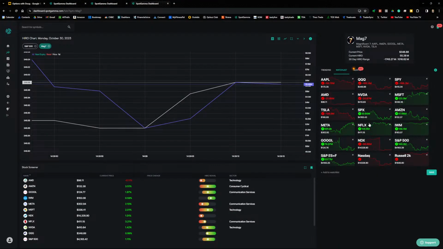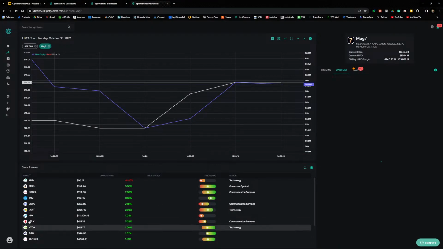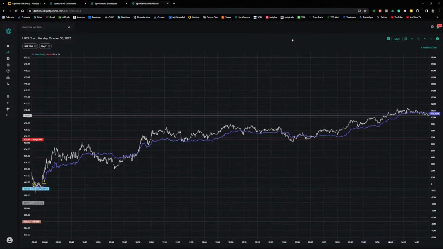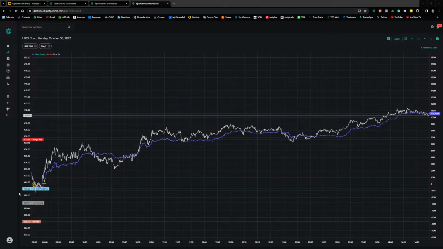Let's go to Netflix. Very bullish day in Netflix. The 400 key gamma strike acting as support this morning. Sorry, I should have shown this one earlier. This is a good setup. And Caleb says the 400 level seems key.